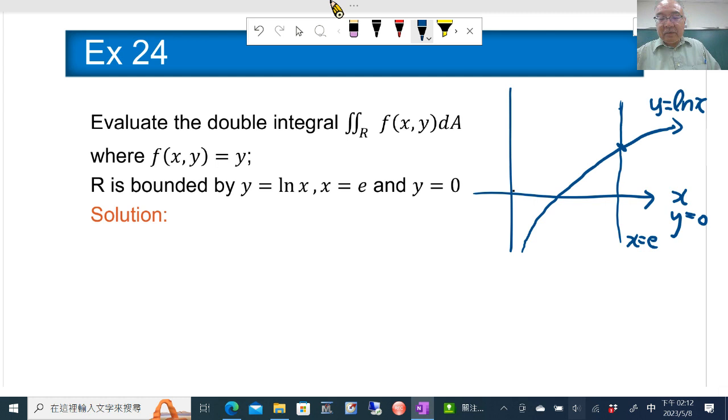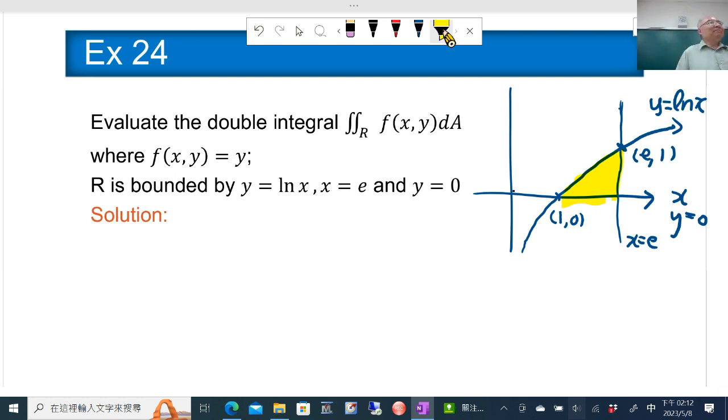So certainly here we should have e and 1. Okay, and we expect this is 1, 0, and R is bounded by these three curves, so it should be the interior of this region. Sorry, the region of the shaded part.